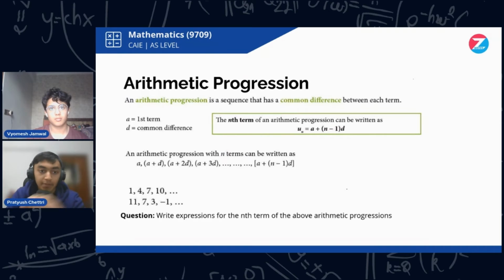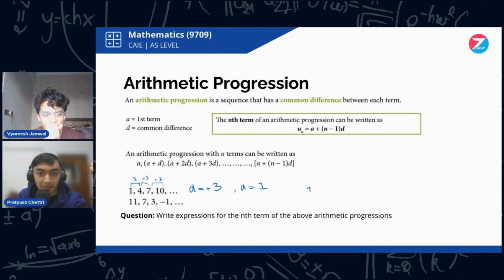Okay, so here's a little bit of practice. Let's construct some expressions for the nth term. We know the common difference here looks like it is plus 3. Make sure you keep your signs there. So D is plus 3, and the first term A is 1.